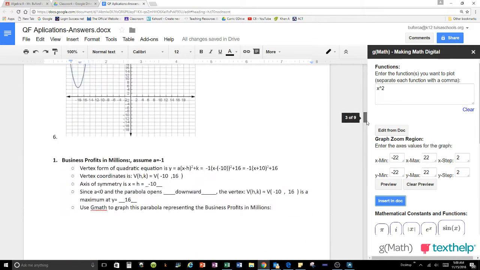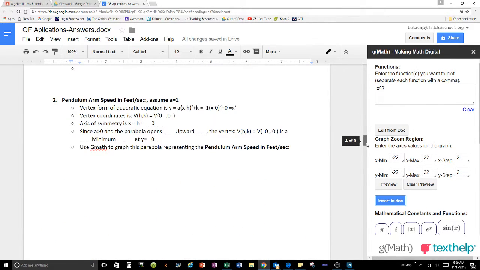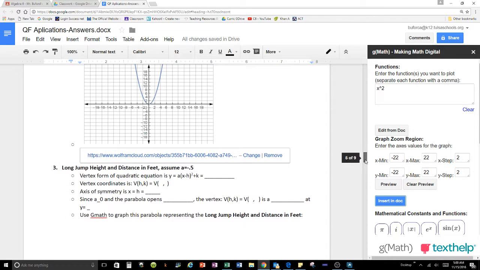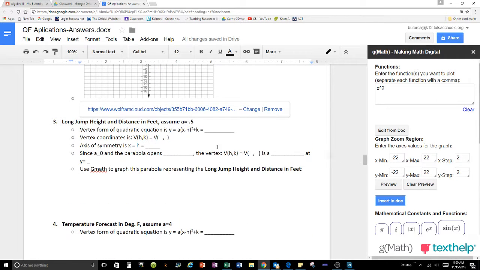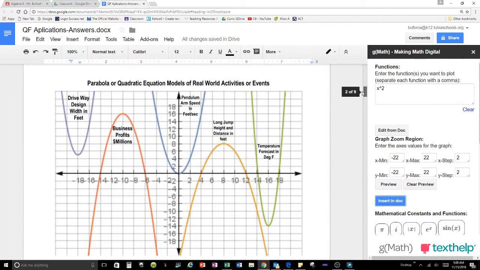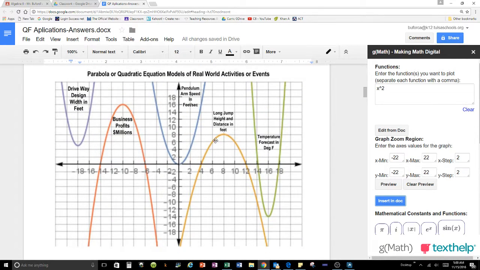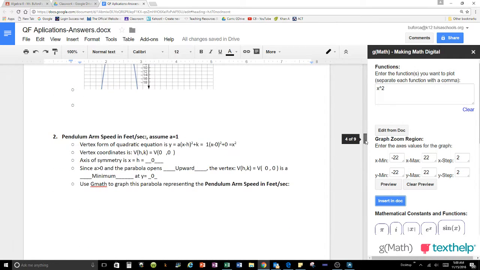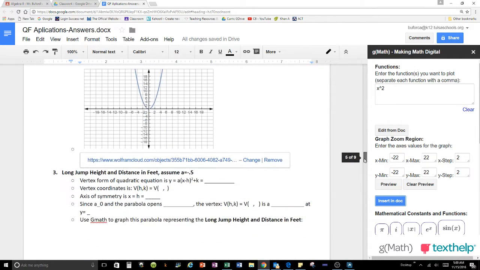Alright, so let's go back down here, and again, let's plug and chug, fill in the blanks. So h and k are, well, what are h and k? Oh, h and k are 8 and 8. So the vertex, h is 8 and k is 8. So we want to fill that in here.